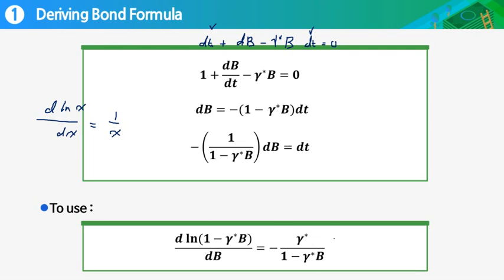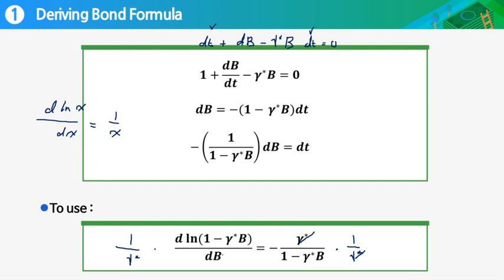And this one looks very similar to this one. To make this one and this one the same, all we have to do is multiply by 1 over gamma star on each side. Then they cancel out, and this one is exactly the same as this one, right? So we multiply dB on each side.